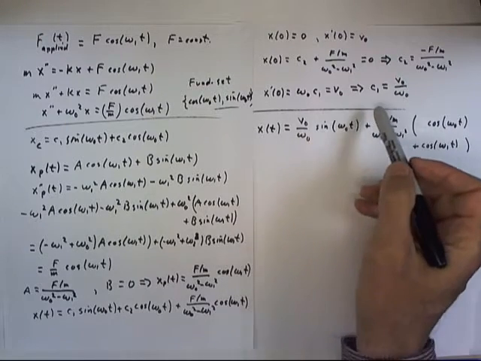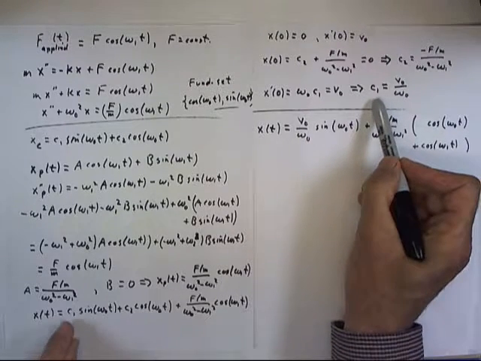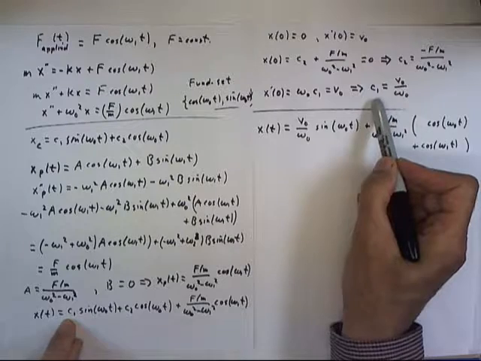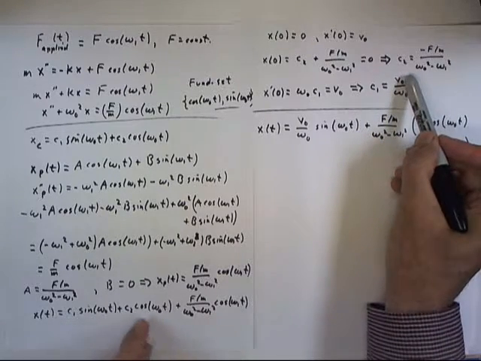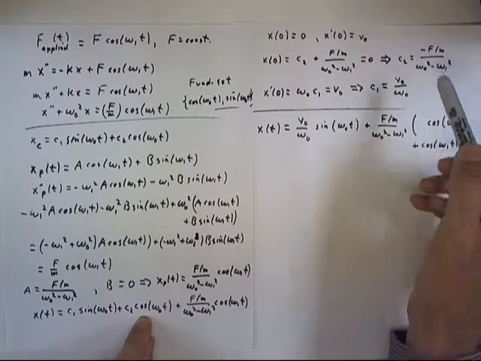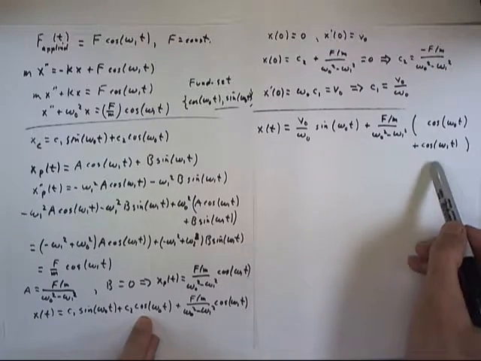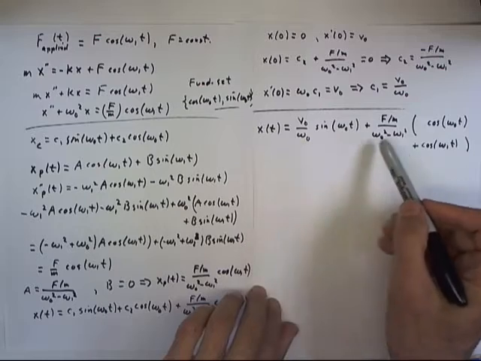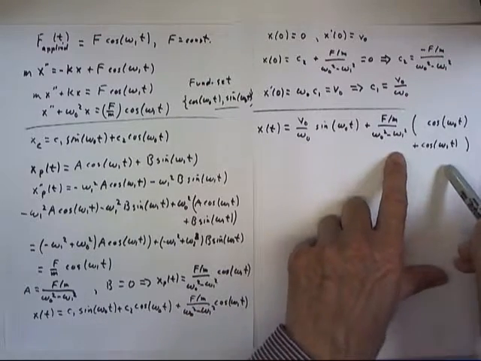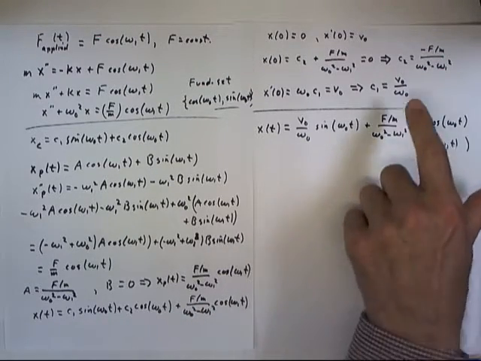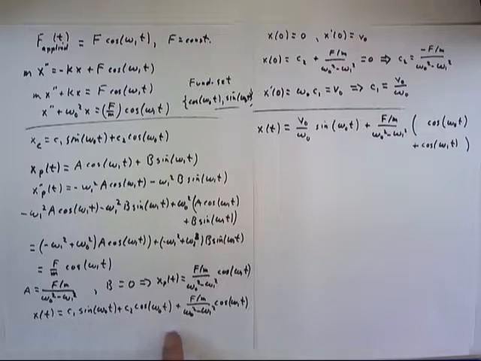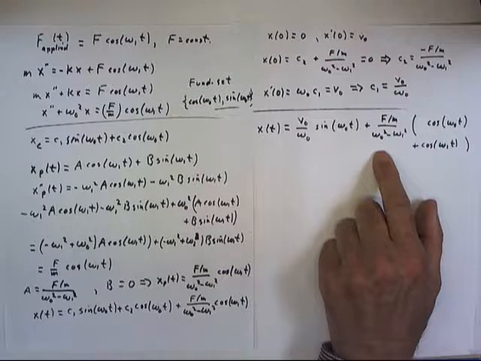And it's then straightforward to substitute C1 and C2 in our original solution and simplify the solution, which will come out in the following form: x of t equals this. I'm not going to read these to you. You can substitute these parameters into the equation and see that everything simplifies into this form.